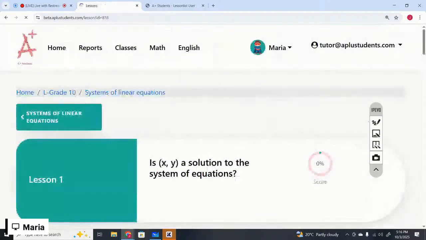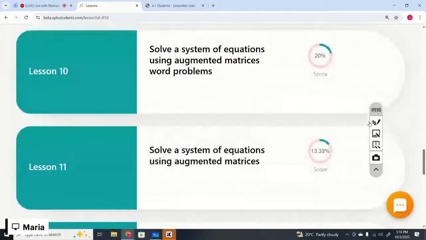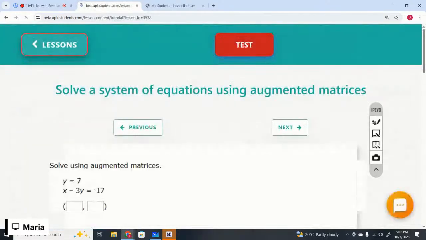The next lesson is solve a system of equations using augmented matrices. Solve using augmented matrices.